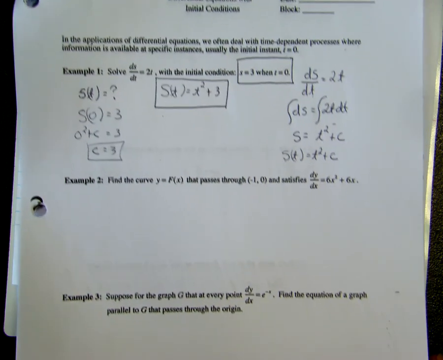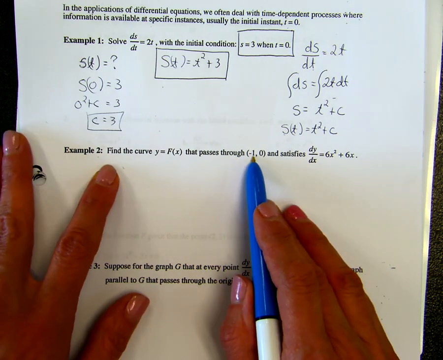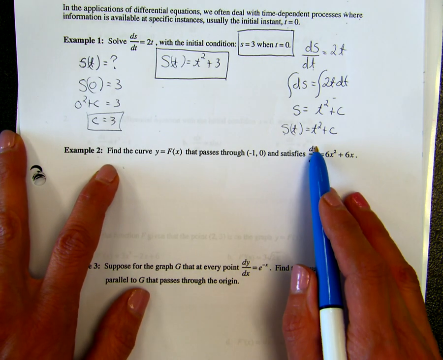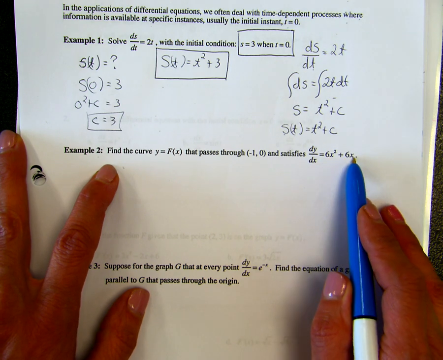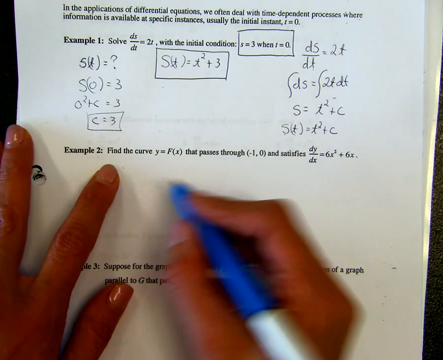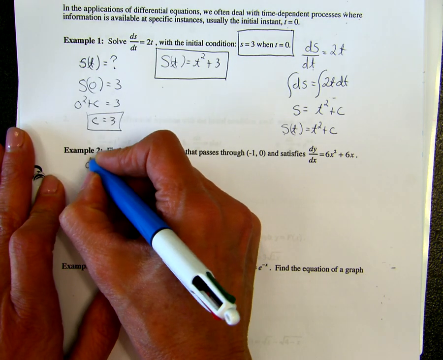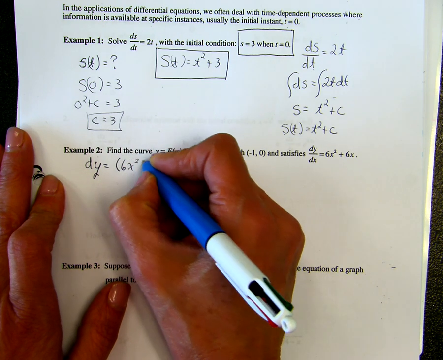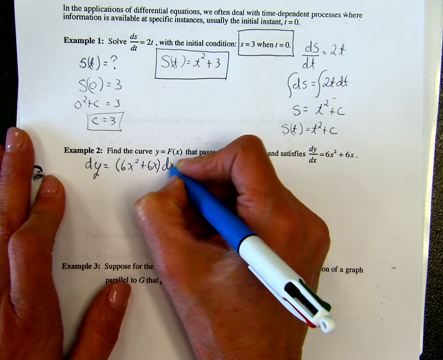Second example, find the curve that passes through the point -1, 0 and satisfies this differential equation. The derivative of y with respect to x is 6x squared plus 6x. So that's telling us that dy is equal to 6x squared plus 6x dx.